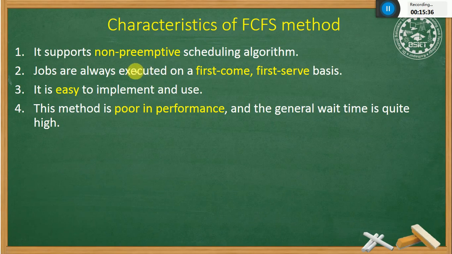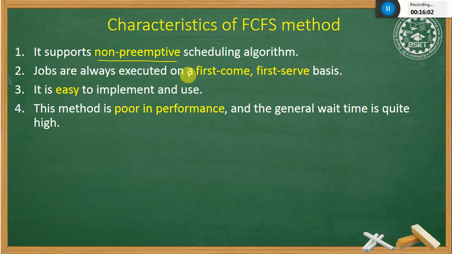The characteristics of first come first serve scheduling are very important. First, it is a non-preemptive scheduling. Non-preemptive means once a process is allocated the CPU, the CPU will be released only after the completion of that process, or when that process terminates successfully and the exit system call occurs.